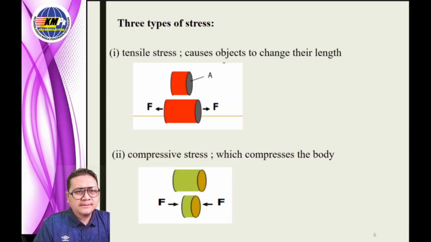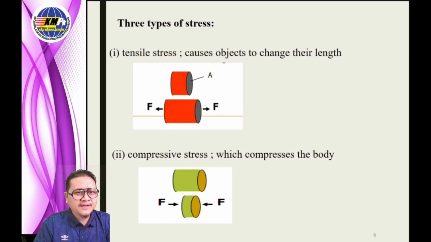The main stresses that we should know during this matriculation program: the first is the tensile stress, which causes the object to change its length. And then we have a compressive stress which compresses the body.